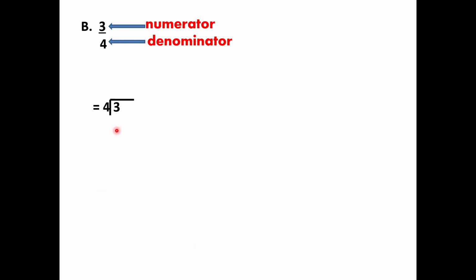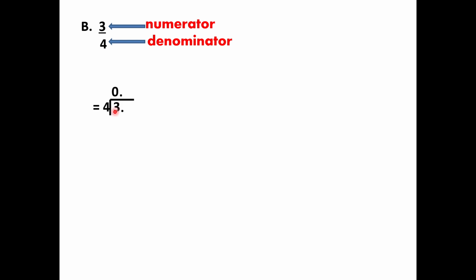So tulad ng kanina, ang ating dividend o ito yung 3 natin or the numerator ay mas mababa kaysa sa divisor na 4. So ang gagawin natin, maglagay tayo ng 0 sa taas at magdagdag tayo ng point after ng 3 at maglagay din ng point sa taas. Laging magkatapat yan.